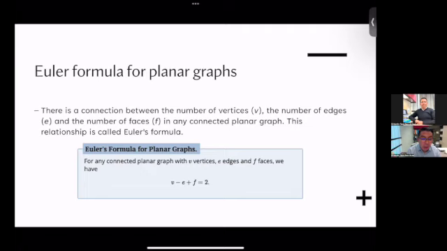Basically, this formula is very simple. It says that for any connected planar graph with V vertices, E edges, and F faces, we have this equation holding: the number of vertices minus the number of edges plus the number of faces is always going to be 2 for any connected planar graph.